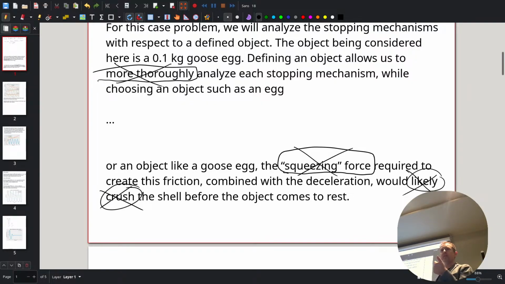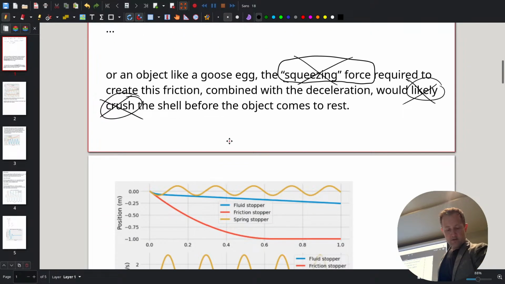Replace that with some kind of quantifiable number. So for the goose egg, if the number is 3 pounds, then 3 pounds will crush a goose egg. I made that up, but we can look it up, probably in a Wikipedia article somewhere, and put that number down. Replace the vague words with quantifiable things. Good start. So quantify the work is the main thing.